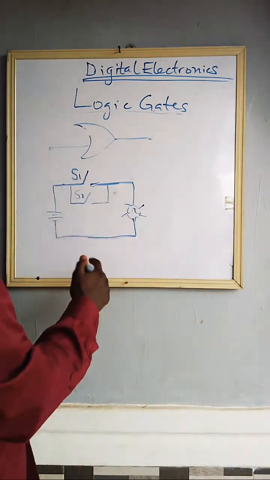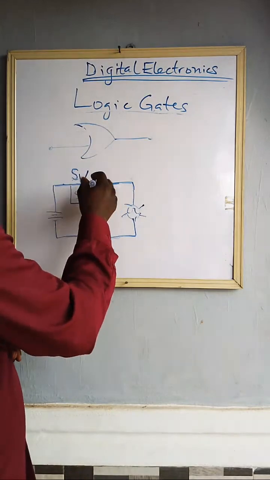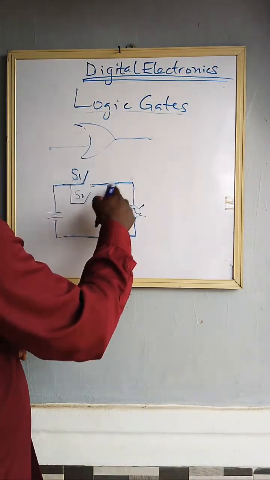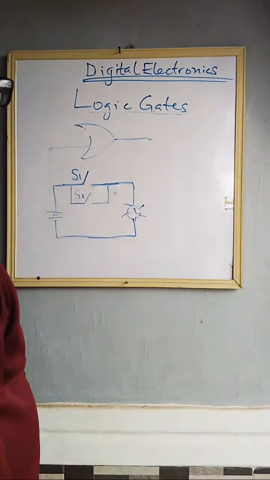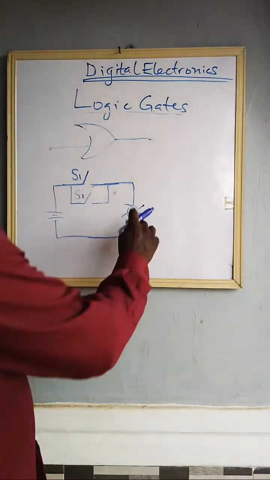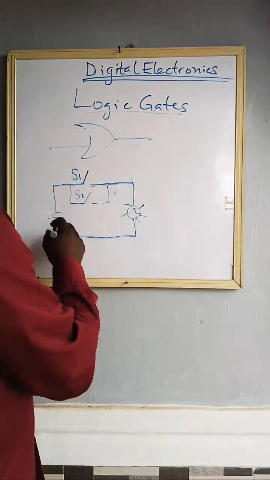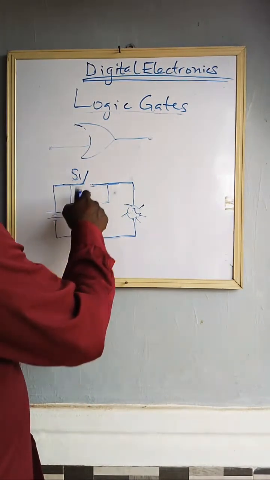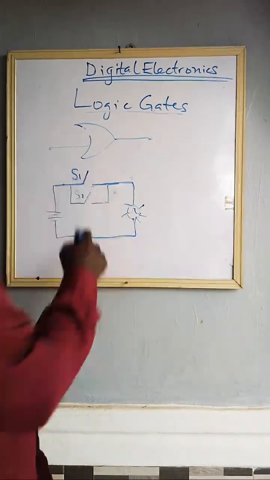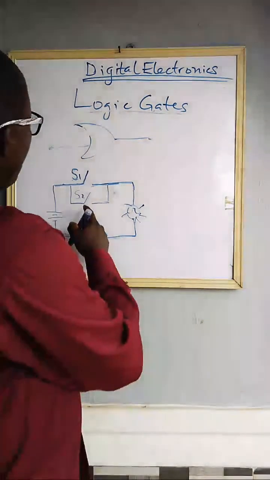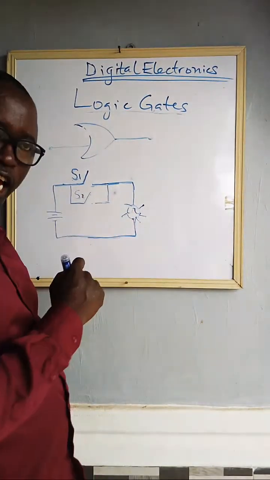Or better still, both of them can be turned on at the same time, and then power will connect to the lamp, and the lamp will be turned on. So it means either S1 or S2, or both of them, can give us an output.